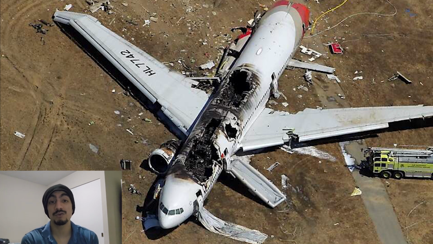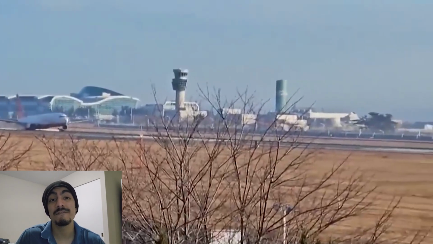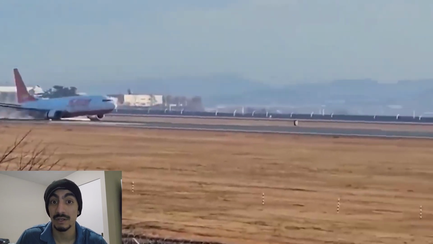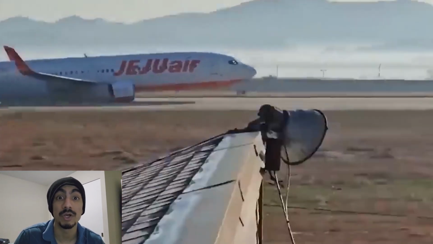And if you're unlucky enough to hit a concrete barrier, just like it tragically happened with the Jeju Air flight, the deceleration forces are so enormous in a split second that level of force can just crush the cabin. And that is why we see a very high rate of fatalities whenever there are runway overruns that end up with collisions.